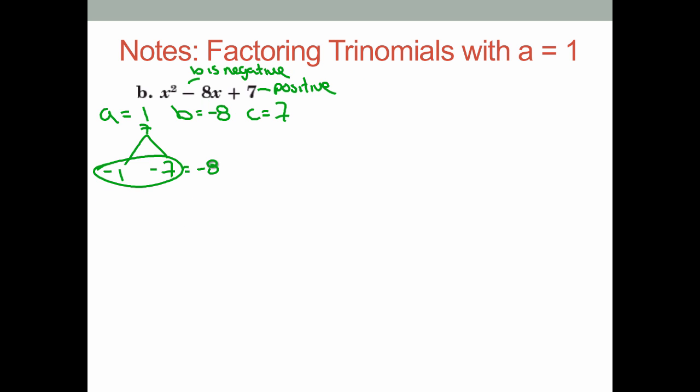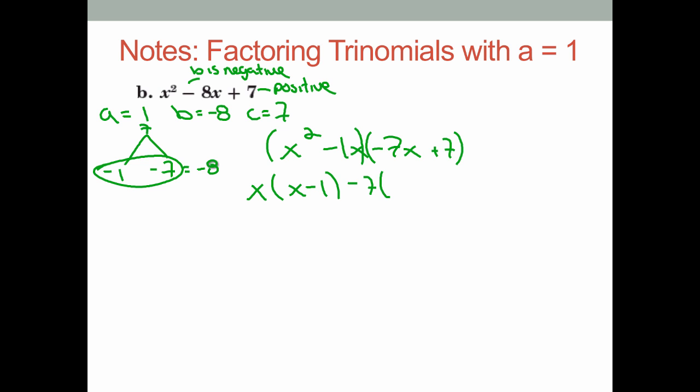So now I'm going to either replace those middle terms, or if you are realizing what is going to happen, I can jump right to my answer, which is x minus 1 times x minus 7.